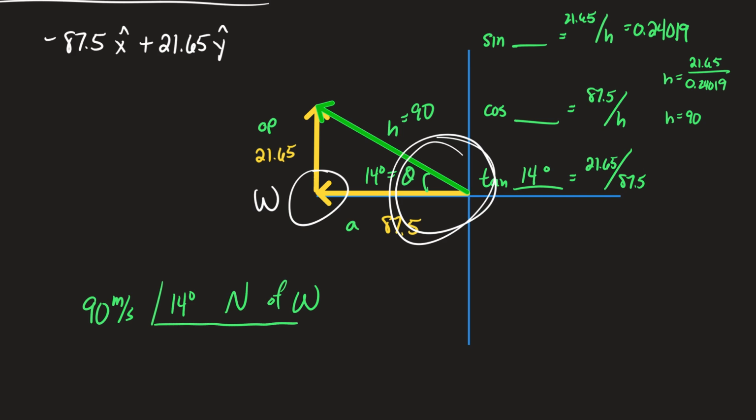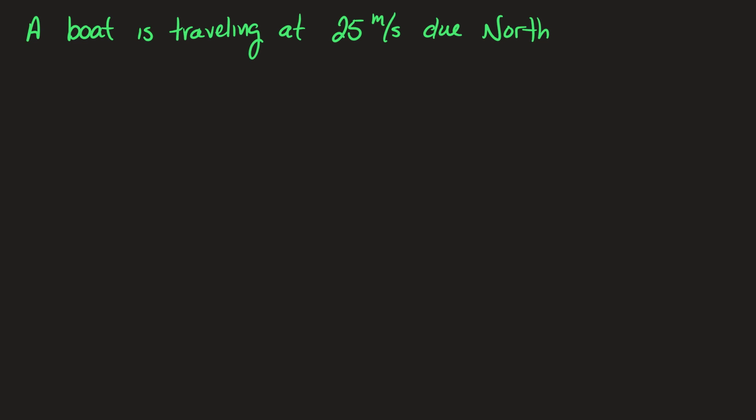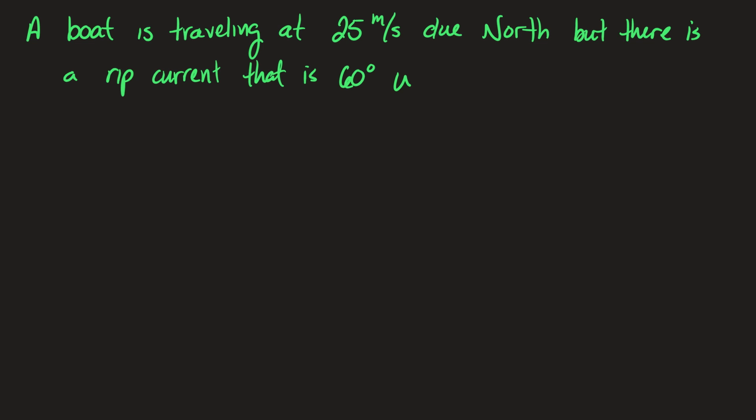All right. Keep in mind that we're doing the most simplistic of problems here. So a boat is traveling at 25 meters per second due north, but there's a rip current that is 60 degrees west of south at 10 meters per second.